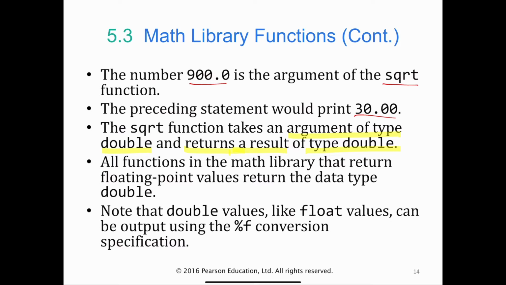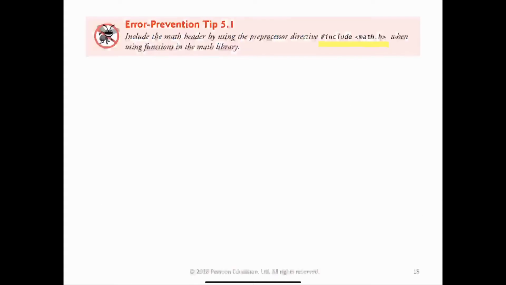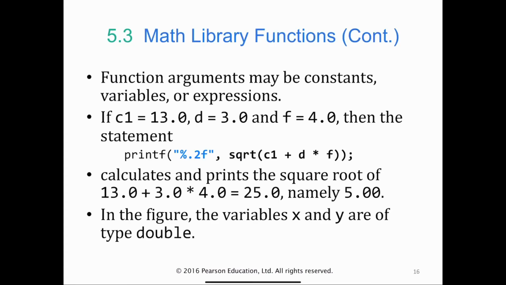And the return type is also double, of course. However, whether the return value is actually a float or a double, when we print it out using the printf statement, the conversion specification or the placeholder is still %f, as you know. Now this square root function is included in the math.h library that is part of the standard C library.